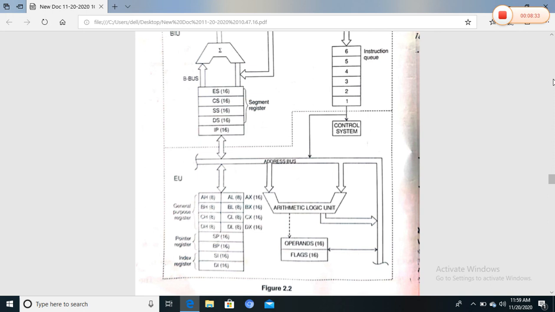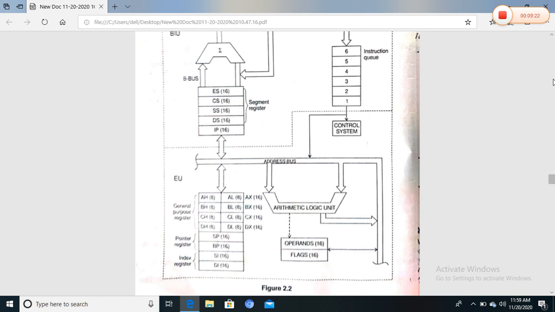The pre-fetched instruction bytes are held in a first in first out manner, and this group of instructions is called a queue. In this way the queue speeds up the processor.